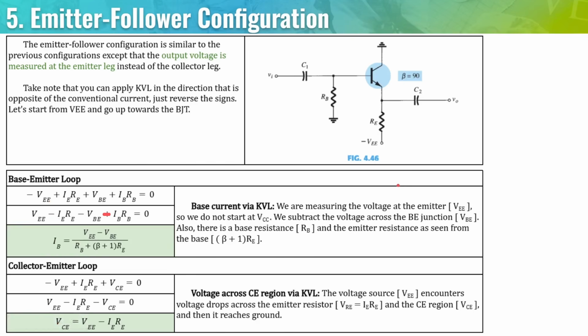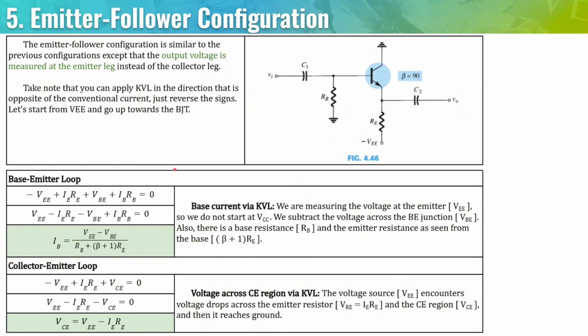But regardless of which KVL you do, here is the formula for the base current at the base emitter loop. IB is equal to VEE, the voltage source, minus the voltage drop, all over RB, which is copied as is because it's at the base, plus the resistance at the emitter, as seen from the base. If it is as seen from the base for the emitter, you need to include beta plus 1.